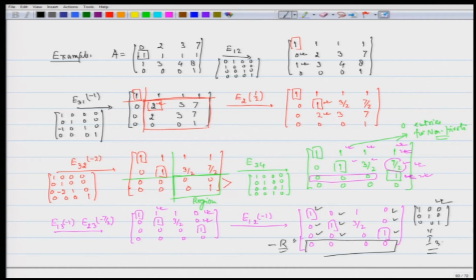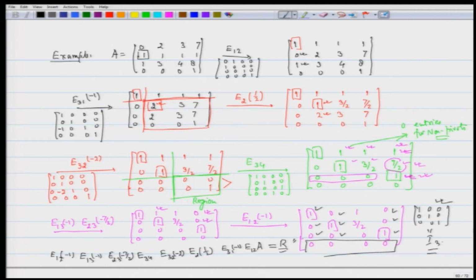Fine. If I write the final matrix as R, then R is obtained as follows: A was there, on A I applied E12, then E31 of minus 1, then E2 of half, then E32 of minus 2, then E34, then these two you can write in whatever way you want, E23 of minus 7 by 2, E13 of minus 1, and the last one is E12 of minus 1.